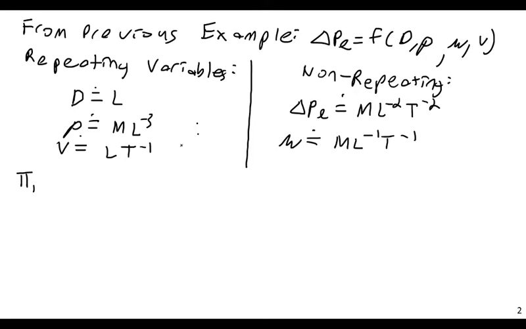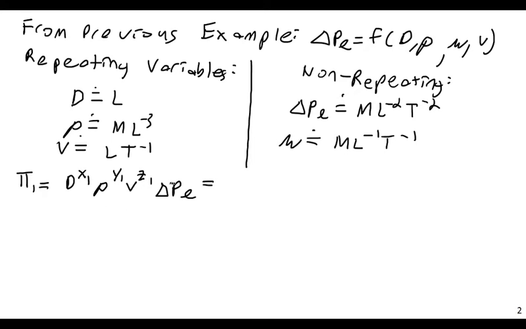I know that pi 1 is equal to diameter to the x1, that unknown exponent, times rho to the y1, times velocity to the z1, times delta P over L.